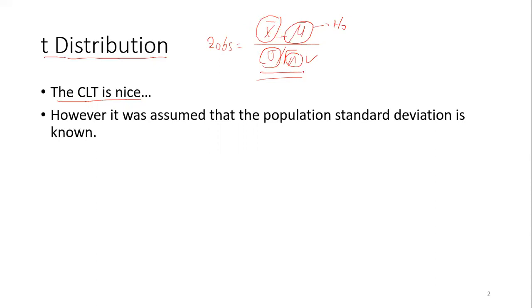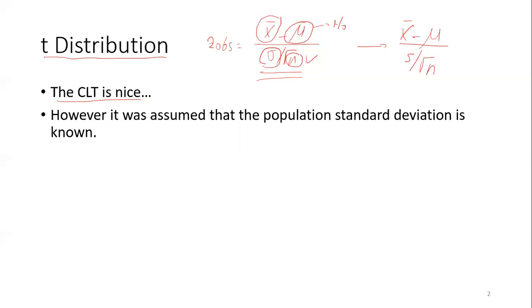So what you can do is just pause the video and try to think, well, what happens if you don't know sigma? Okay, so now you think about this. What you can do is, instead of sigma, since you don't know sigma, you can just use the point estimator of that, which is s.